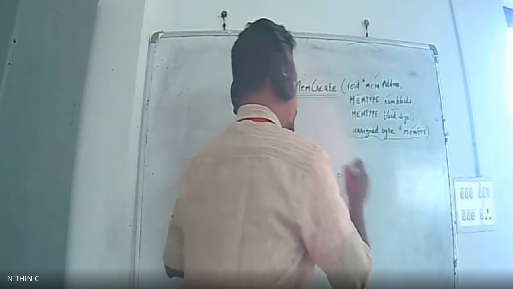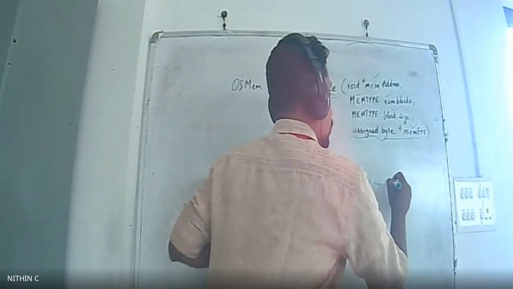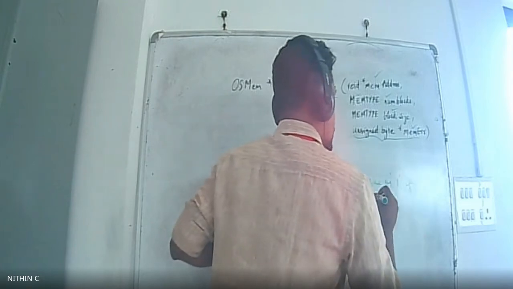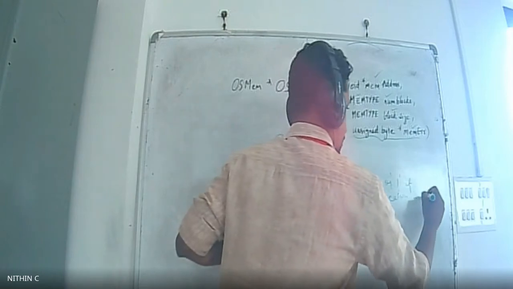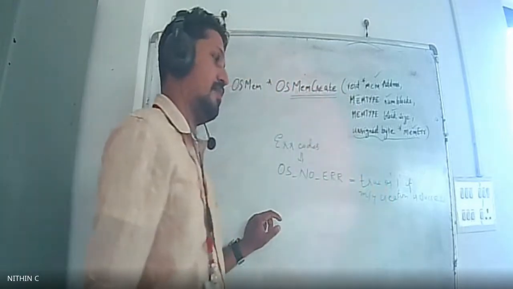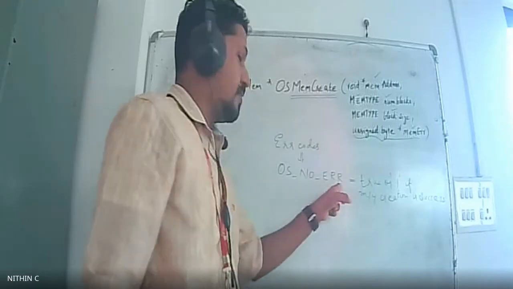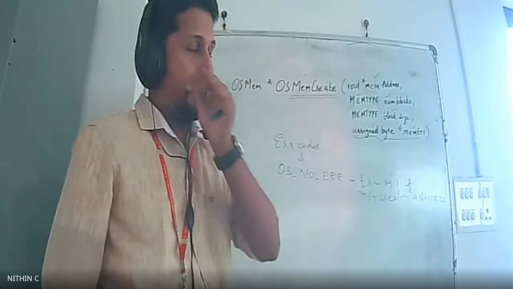So you can mention this OS no error will be equal to true or 1 if memory creation is a success. If there is no error and the memory creation process is a success, then this will be returning a value true or 1.